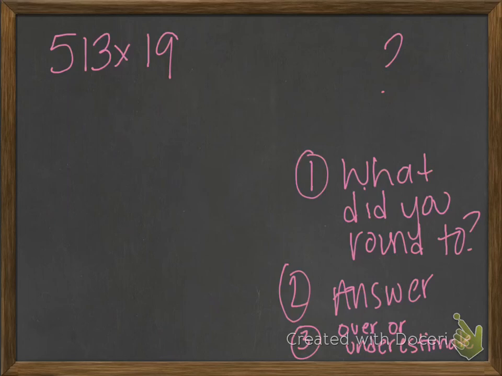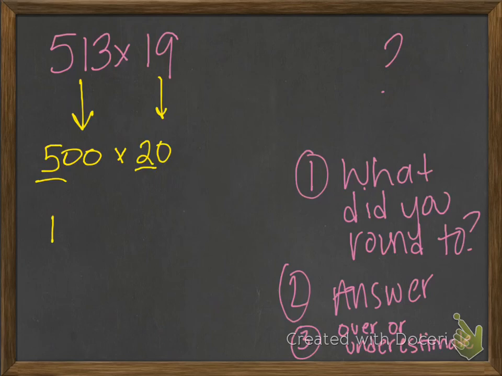All right, now we will solve together. So I would have changed my 513 into 500, because that is way closer than 600. And I would change my 19 to 20, because 20 is closer to 19 than 10. So 5 times 2 is 10, and this is where some people get tripped up.